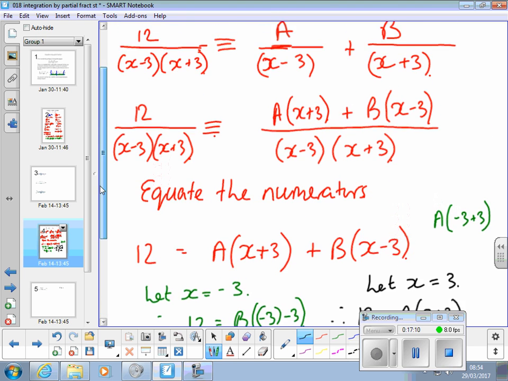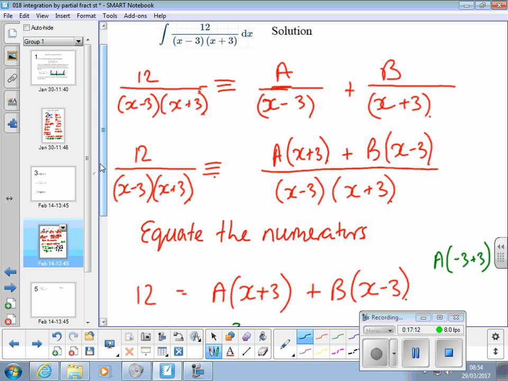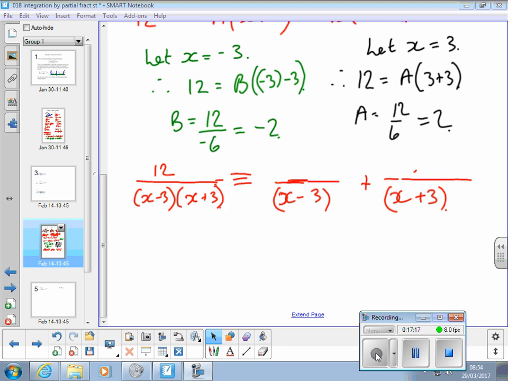We put them back in this version up here. So we put these two constants in: A is 2, and we change that to a minus sign because B is minus 2, like so.